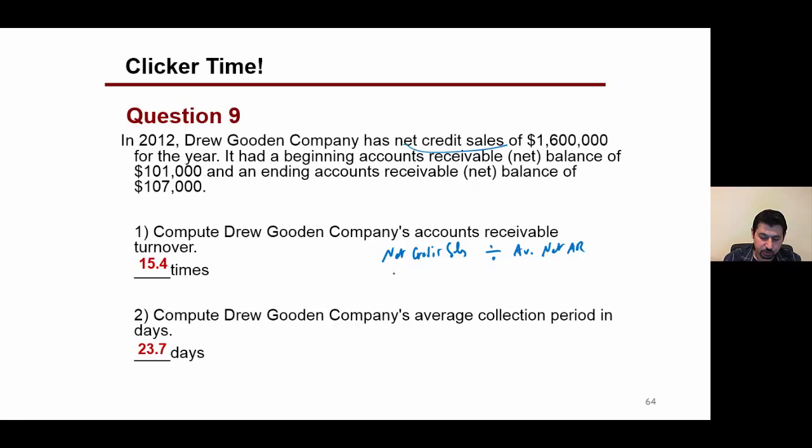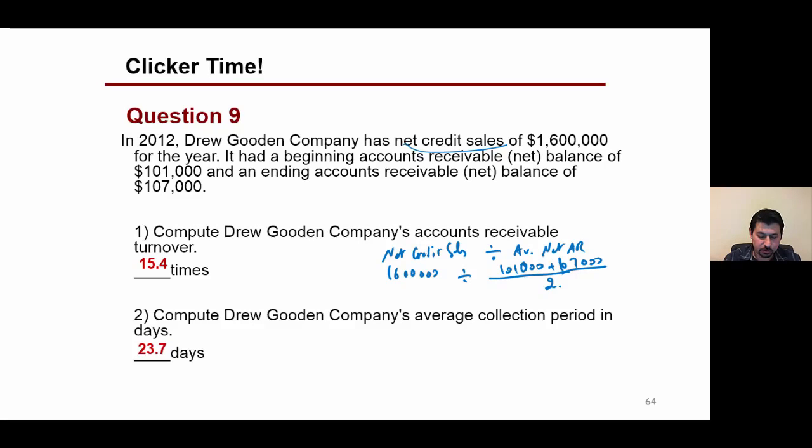So it is 1,600,000 divided by the average, which is 101 plus 107,000 divided by 2. And this is 15.4 times.